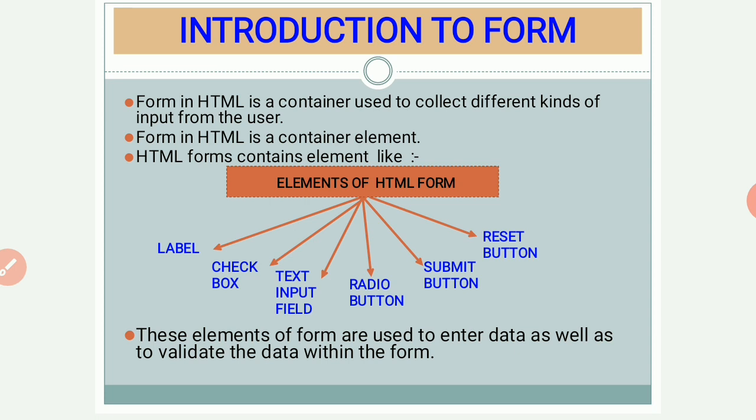There are different elements that we can use in the form. So these elements of an HTML form are: number 1, label; number 2, checkbox; 3, text input field; 4, radio button; 5, submit button; reset button.